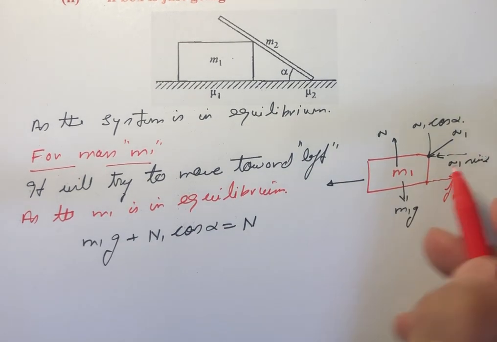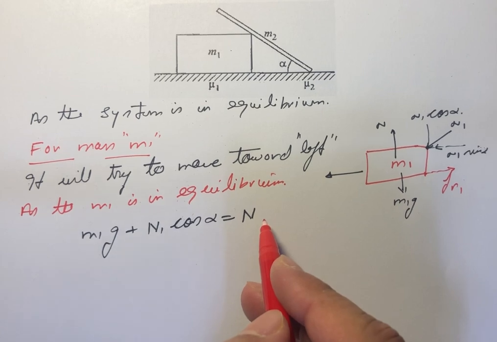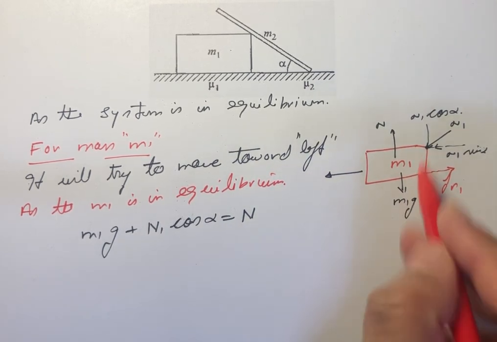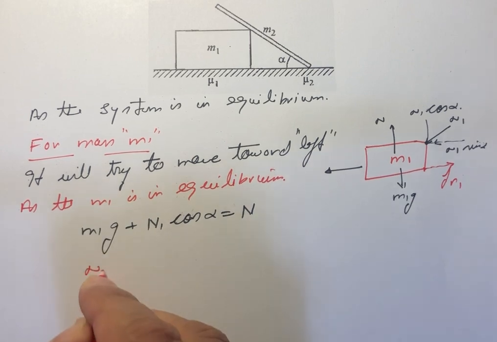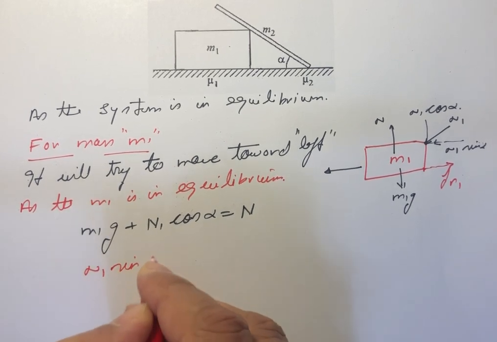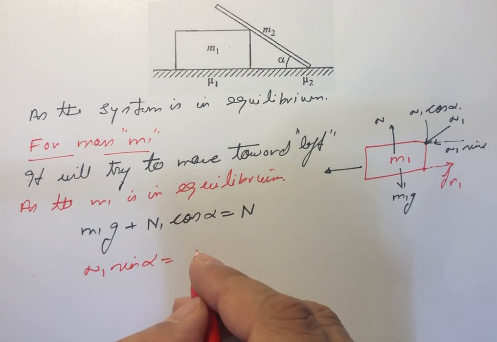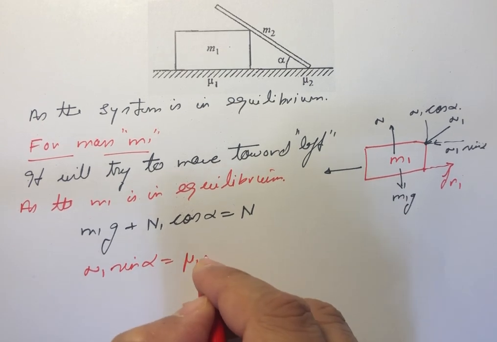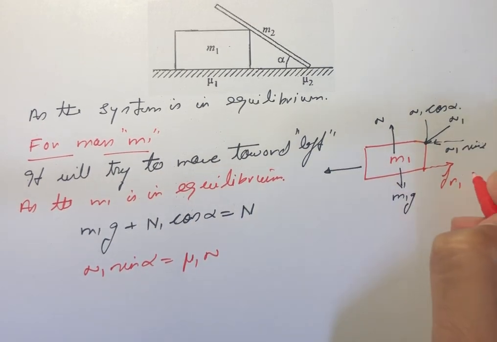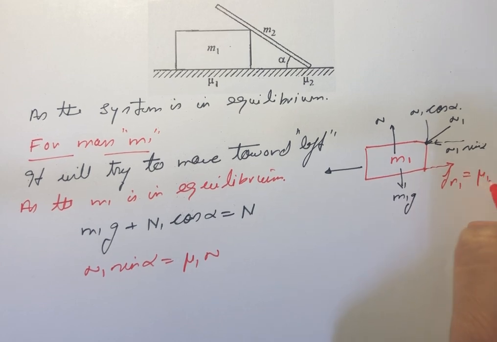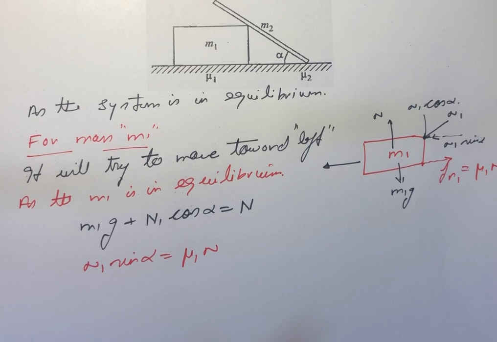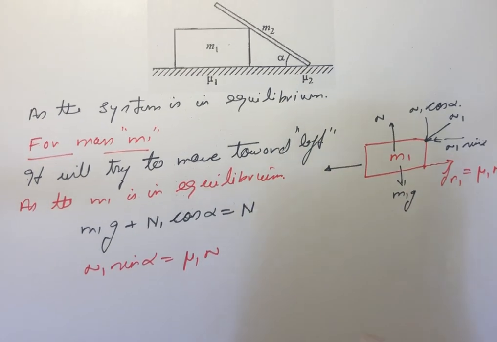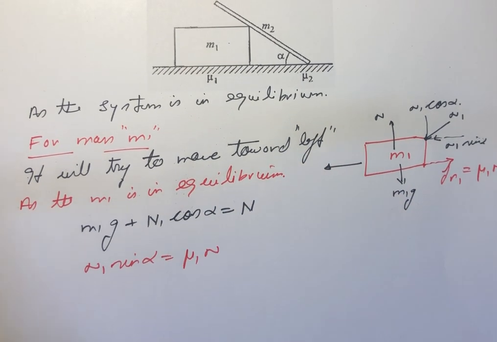And this was in the vertical direction, and in the horizontal one we are going to have n1 sine alpha will be equal to mu1 into n, whereas fr1 is equal to mu1 into n. So we already know the value of n. We substitute it here.